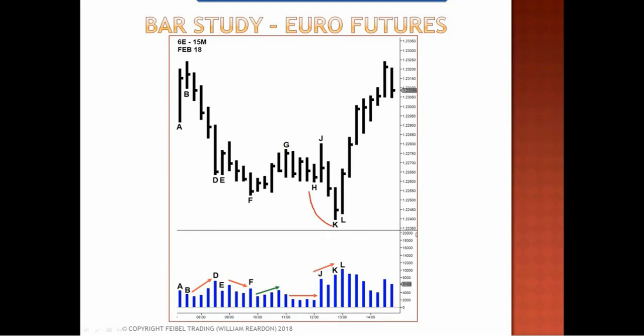Now here, we can take this chart a little further. Let's add structure. So we fall to K, and now we can see through structure that we've closed under support. And we would think we're primed for lower prices from K. Why? Well, good wide spreads with increasing volume.